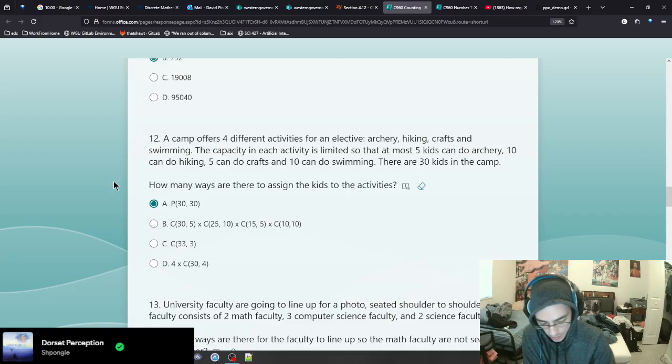Could it be a code word? This could probably be a code word. The thing, right? The code words. Because that's a lot of numbers though. 30 numbers. So the capacity limits: 5 kids can do archery. 5 kids can do archery.